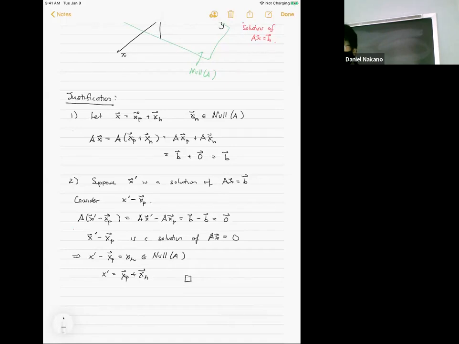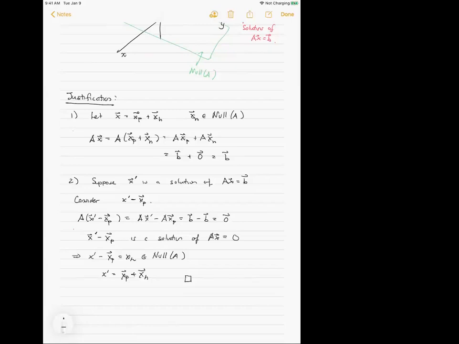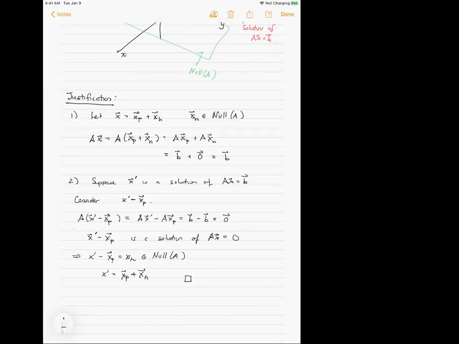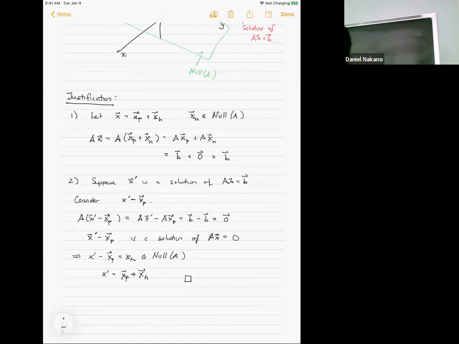And the null space will be a span of those vectors in the basis. So what you're asking for is something we're going to do later on. Okay, so we'll actually find the null space as a span of vectors. Okay, thank you. That makes sense? I hope so. Yeah. Very good question. Other questions?